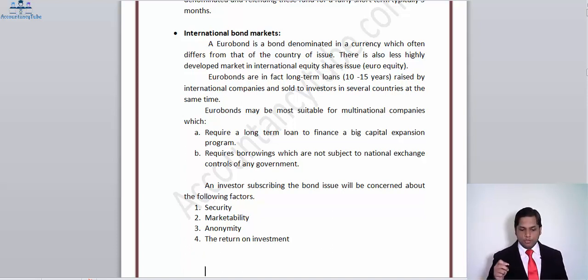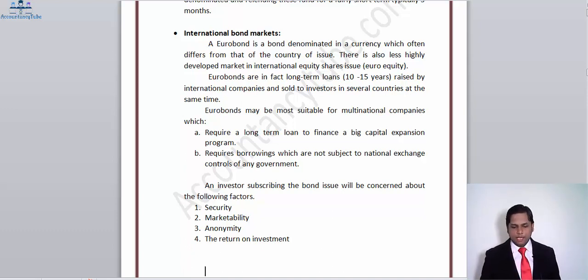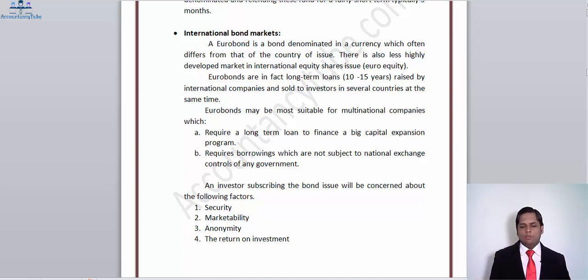Eurobonds may be more suitable for multinational companies which require a long-term loan to finance a big capital expansion program in any country, for example. These bonds are not issued for one or two years. They will be at least 10 years, or a minimum of 5 years, not below that. Then, they suit those who require borrowings which are not subject to the national exchange control of any government.